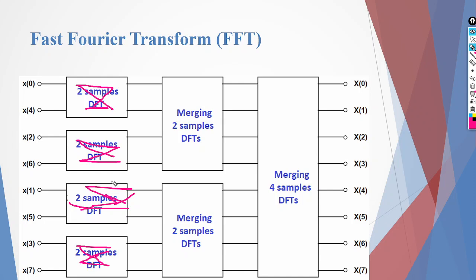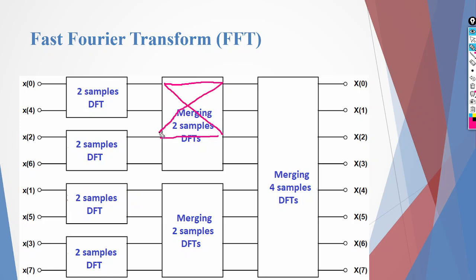And then start merging them. So you take 2 groups of 2 samples and merge them into these 4 samples by running the same butterfly like so and like so.